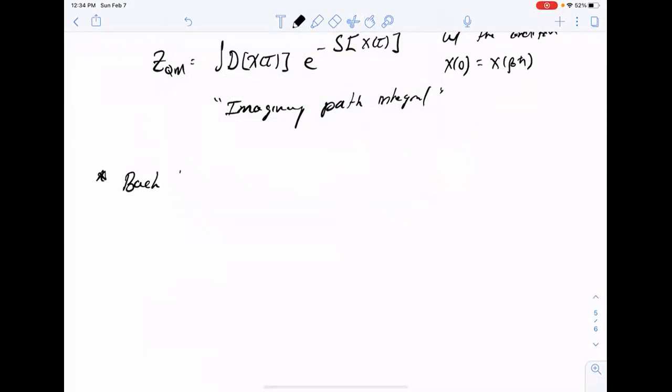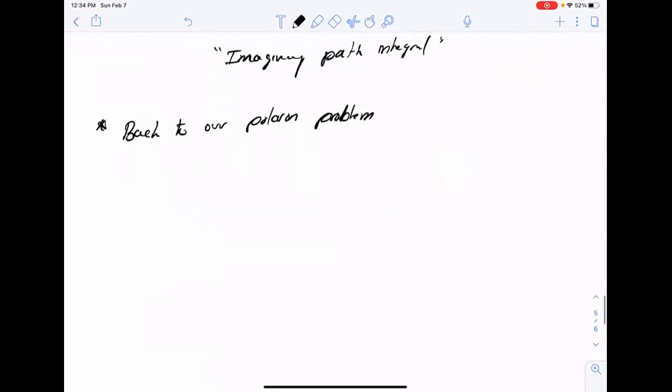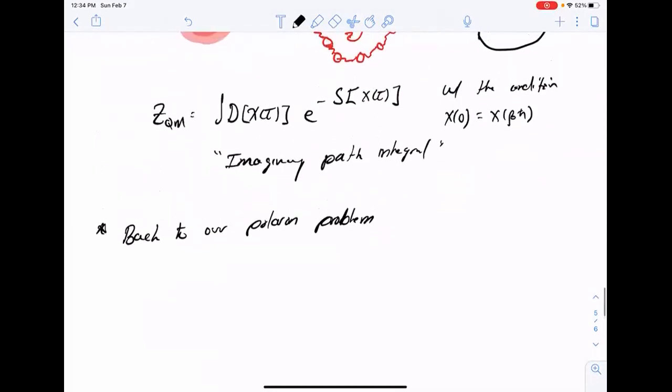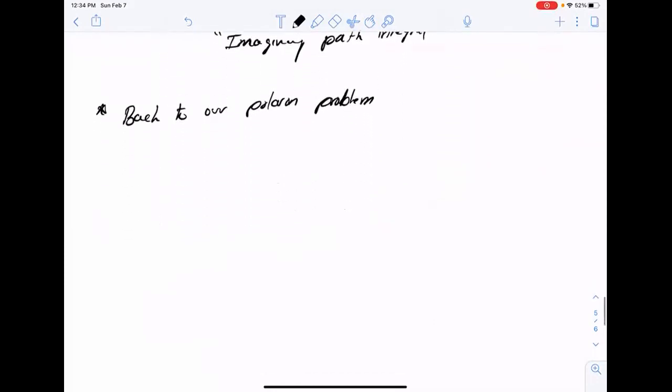So now let's go back to our polaron problem. Translating that original Hamiltonian into an action, we'll have a piece from an electron. And we know the kinetic energy operator turns into a kinetic energy factor.